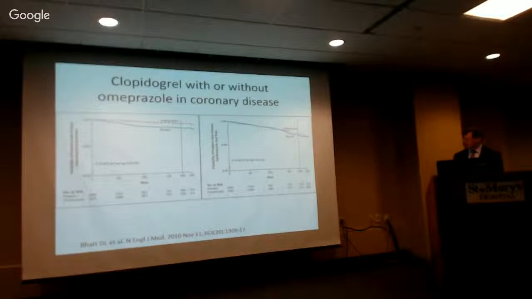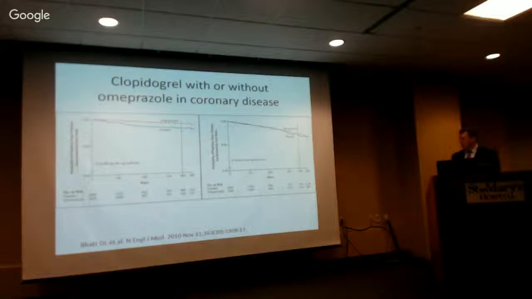But clinically, that doesn't seem to be the case. There was actually a company called Cogentis that developed a drug that was a combination of omeprazole and clopidogrel. And they sponsored a randomized study where patients who were getting stents were randomized to get this combination drug versus just clopidogrel alone.